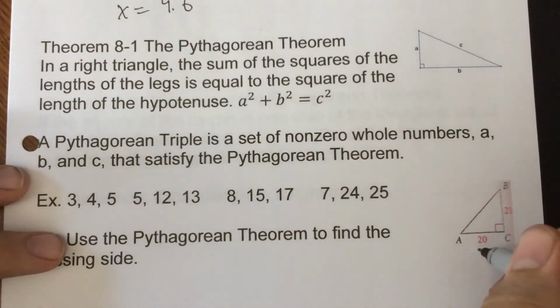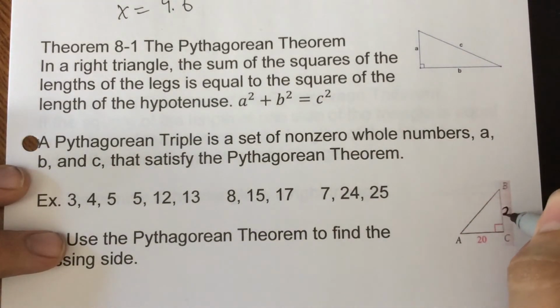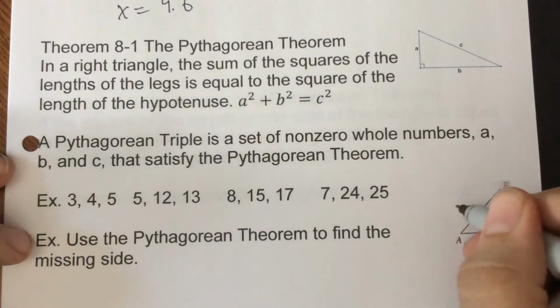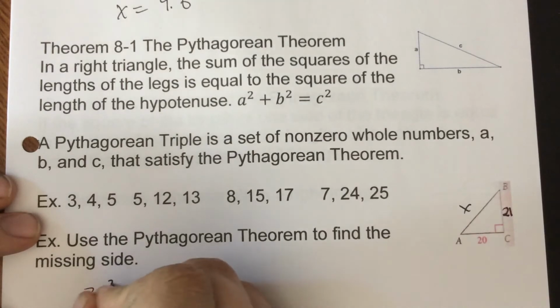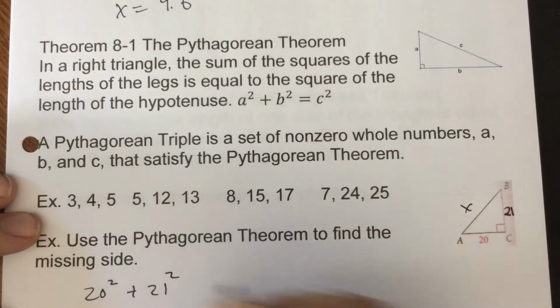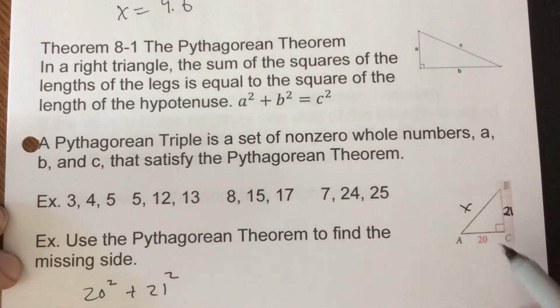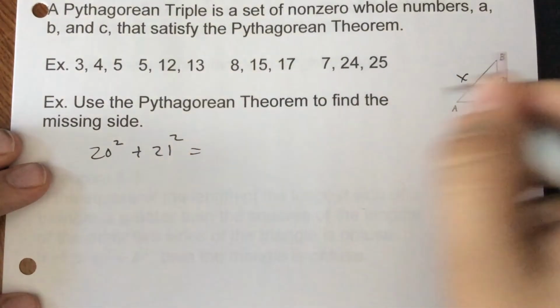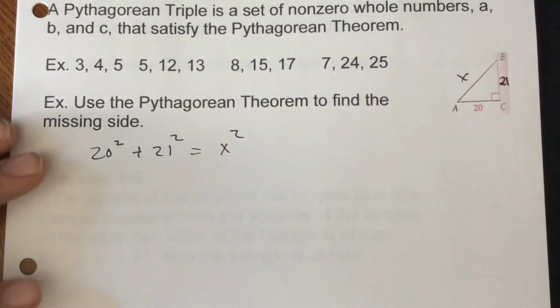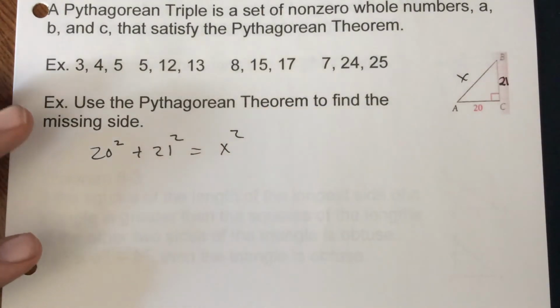So, we have 20 and we have 21 over here, if you can't quite tell. We need to find the hypotenuse. So, 20 squared plus 21 squared. The two sides of the 90 start off there. Equals our other side, so we're going to call this x squared, our hypotenuse.